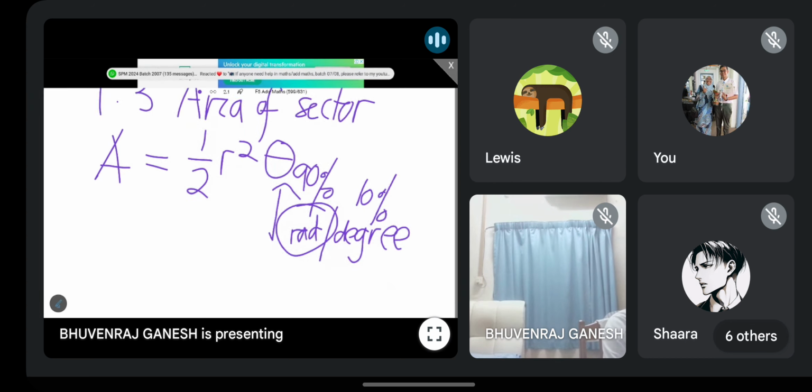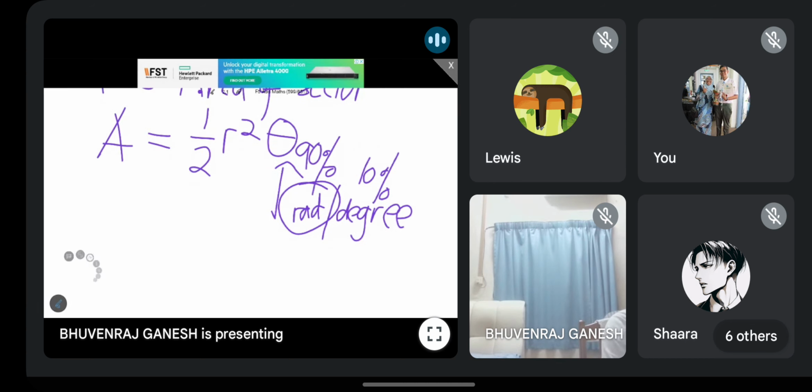So guys, dalam bab ni, bila kamu akan guna unit darjah, which part of this chapter will you use the angle in degree mode? Can anyone tell me? When it involves what? Bila melibatkan apa kamu akan guna unit darjah? What type of things will you use degree mode for? Anyone can tell?